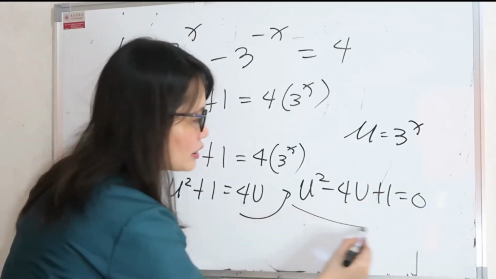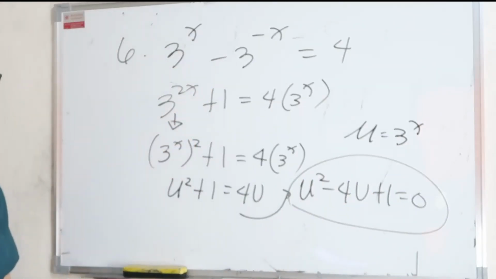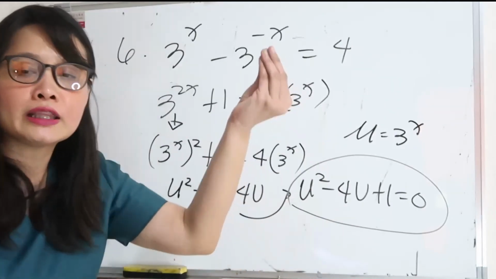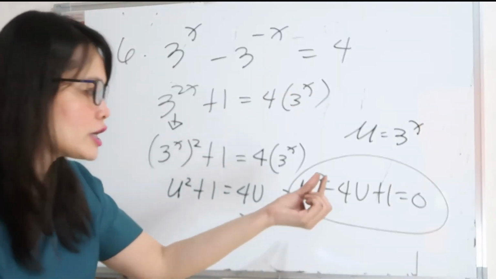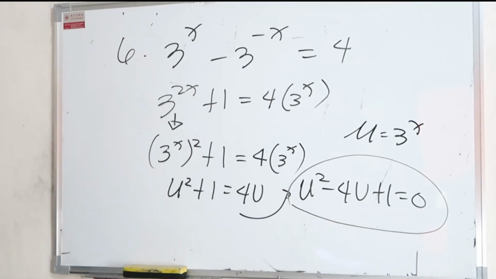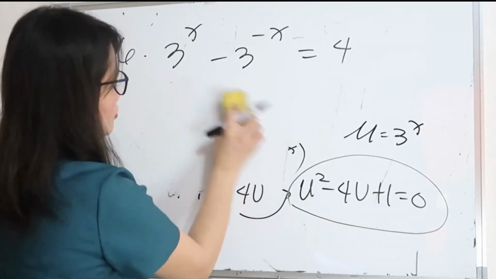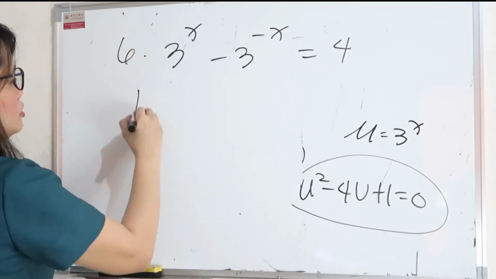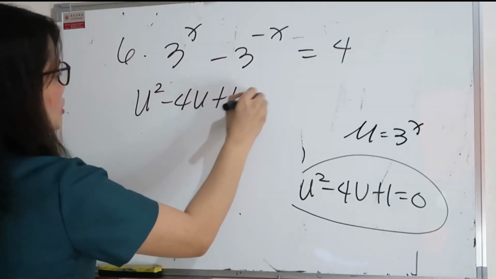So you now have a quadratic equation. Since you already have a quadratic equation, you can now solve for u. So using the quadratic formula, how do we solve for u? We have u squared minus 4u plus 1 equals 0.